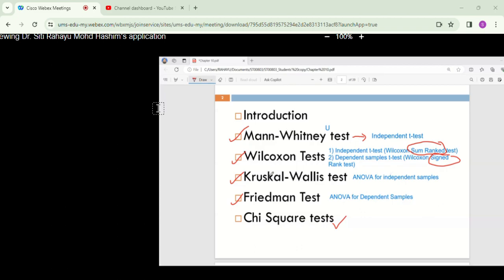ANOVA is paired with Kruskal-Wallis for independent samples, whereas the Friedman test is the pair for ANOVA for dependent samples. Okay, can you understand? Right.